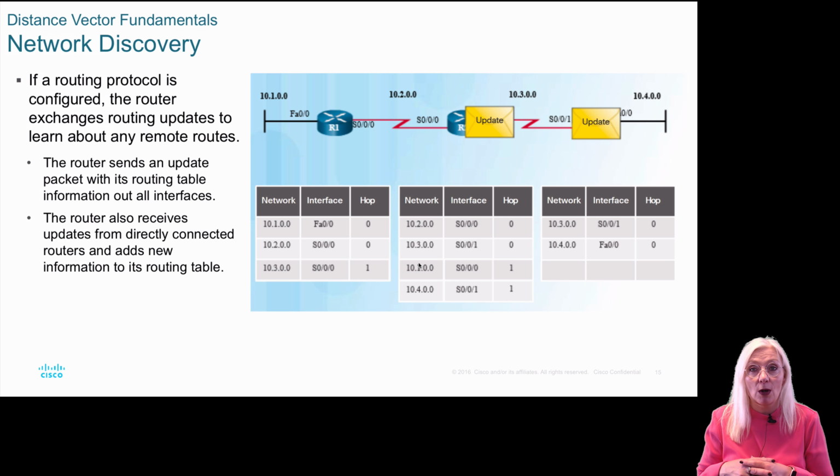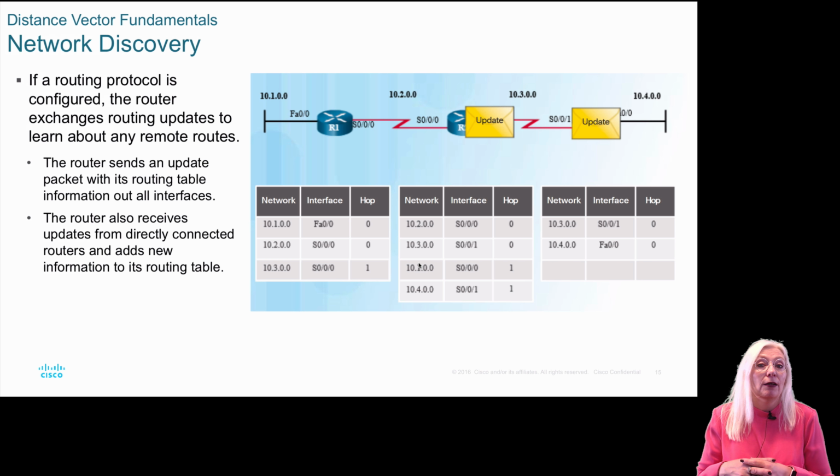So for instance, router 2 gets an update from router 3 about the network 10.4.0.0. In the update, we will see that 10.4.0.0 in router 3 is at 0 hops, which means that it is directly connected. And router 2 knows that router 3 is a neighbor.